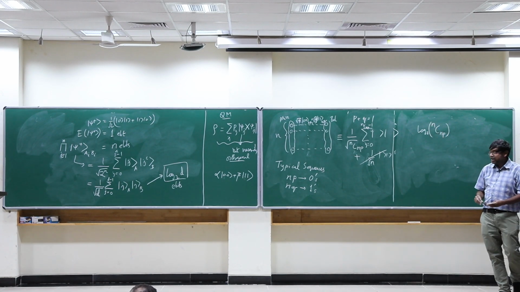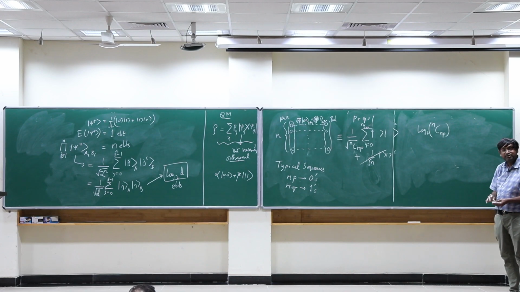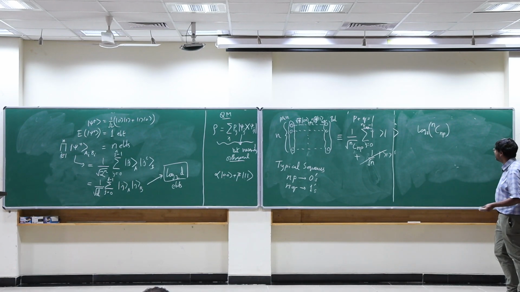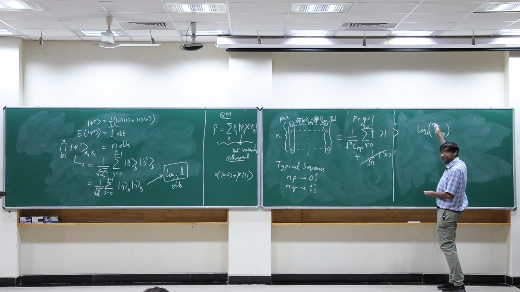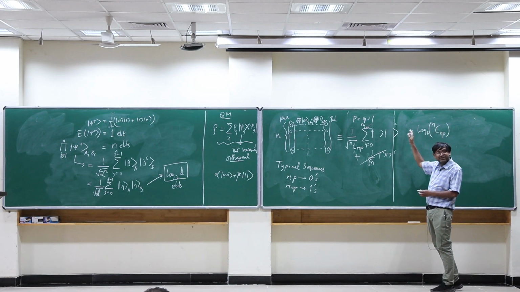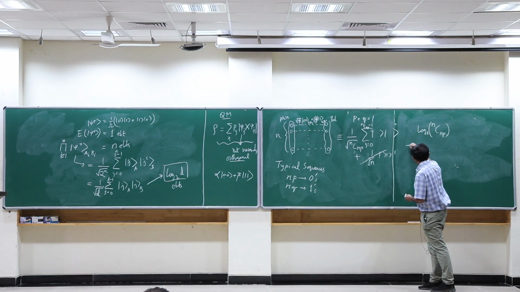Now, you can guess what I am going to do, to bring these things to n log n kind of forms. It is a very famous approximation, because I am going to get factorials, but I want n log n kind of things. So, I am going to use this Stirling approximation.